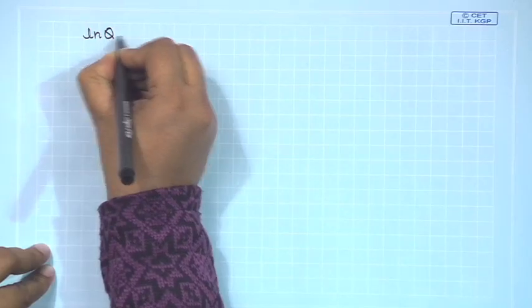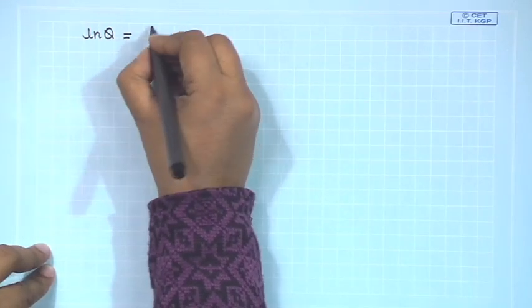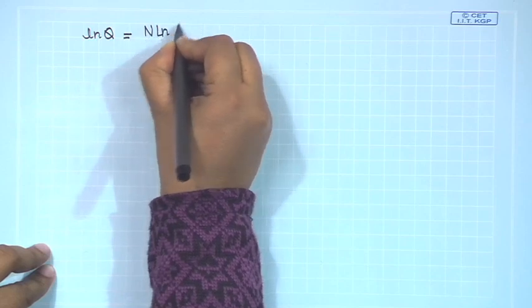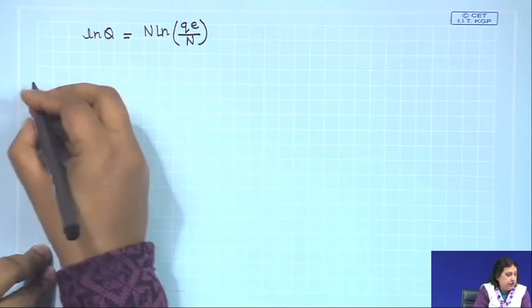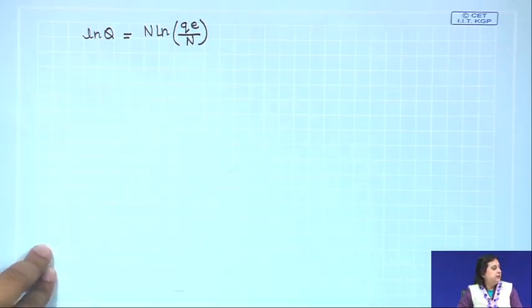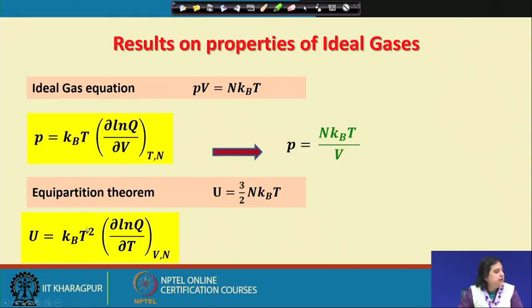For this purpose, once again I am going to use the result that ln capital Q is equal to capital N ln small q e by n, and U is given by this expression, kBT squared times del ln q del T at constant V and n.